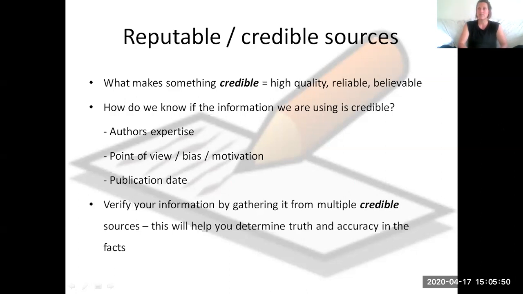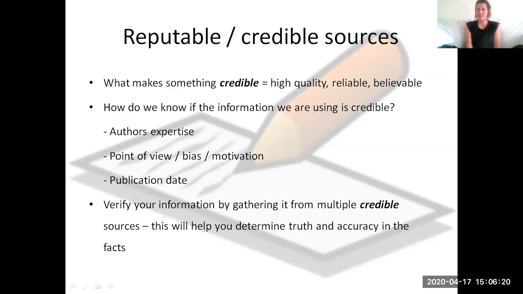So usually if it is a trusting, credible or reputable source, then you will be able to find who the author of the information is and when that information was published, okay? And that information will be part of your bibliography, okay? The other thing, like I mentioned on the previous slide, is you want to be able to verify the information.